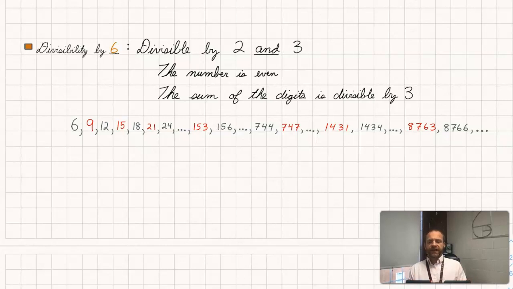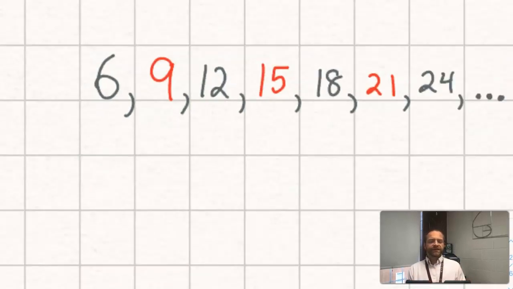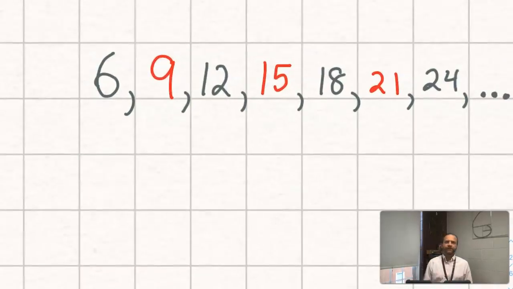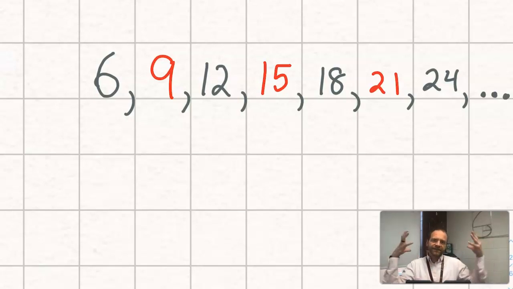If you look at it, I'll go in this order, we can see the basic ones. We know our multiplication table for 6, so it's not too bad in the beginning. But I want to show the easy, because the hard expands from the easy. The easy is the foundation. We can't rush through it. 6, 12, 18, 24, the gray, those work. Those are divisible by 6. 9, that's divisible by 3, but it's not even.